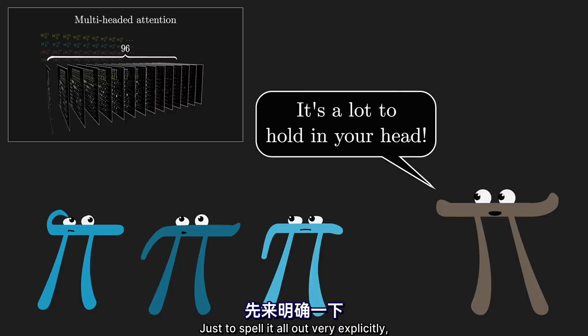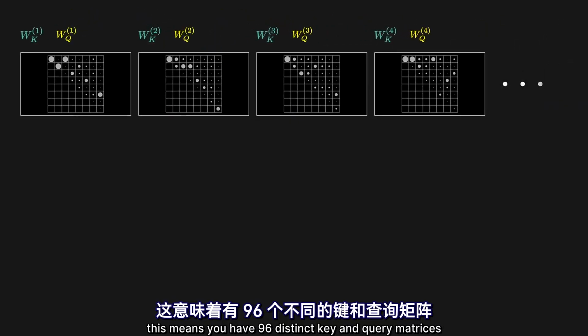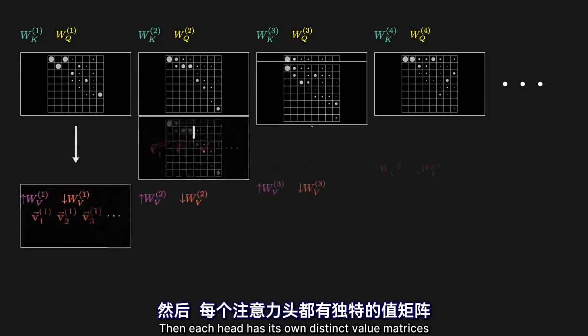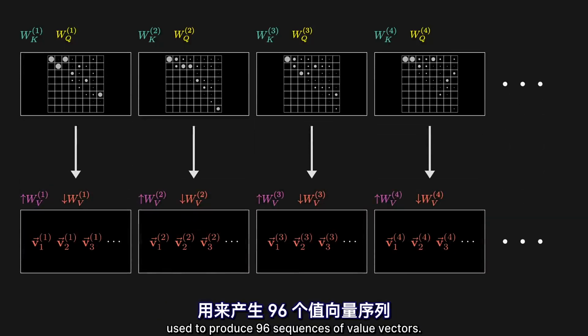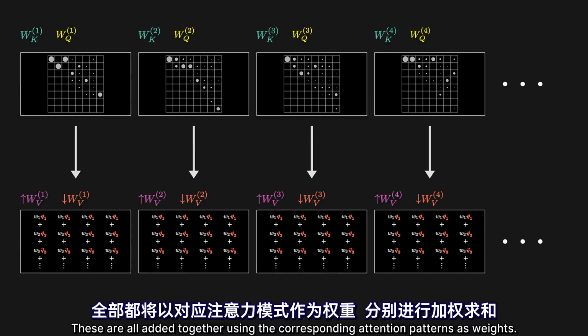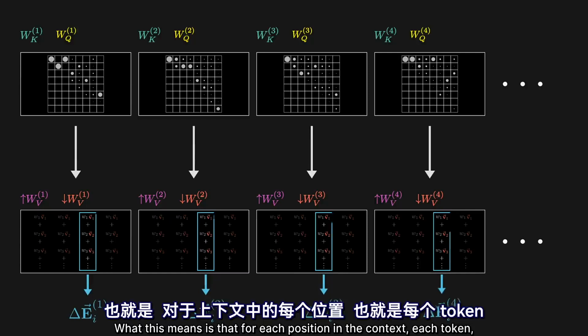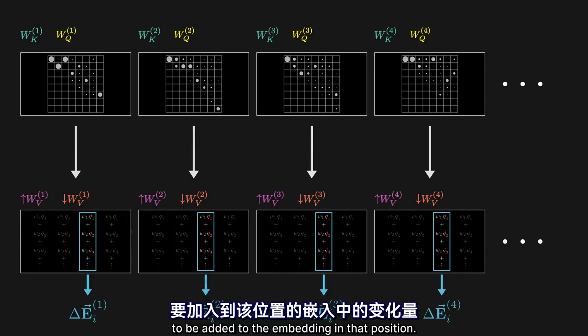Just to spell it all out very explicitly, this means you have 96 distinct key and query matrices, producing 96 distinct attention patterns. Then each head has its own distinct value matrices, used to produce 96 sequences of value vectors. These are all added together, using the corresponding attention patterns as weights. What this means is that for each position in the context, each token, every one of these heads produces a proposed change to be added to the embedding in that position.